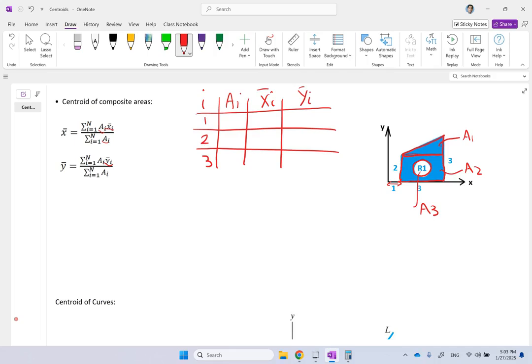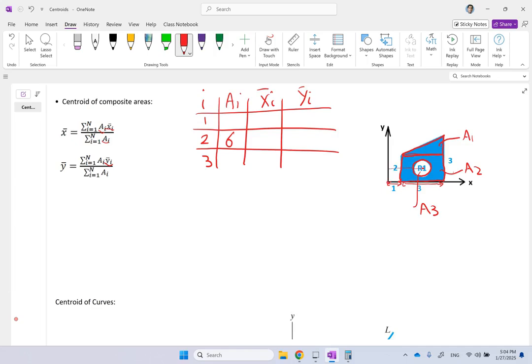Now for the rectangle, it's very easy. It's in the center. So we have to calculate the A of it. Look, the width of it is 3. The height of it is 2. So the area for the rectangle is 3 times 2. That is 6. And for the center, if you look at the X and Y of it, you have to measure everything from the origin, not from the boundary of the shape.